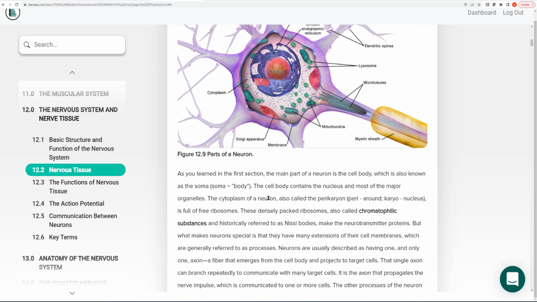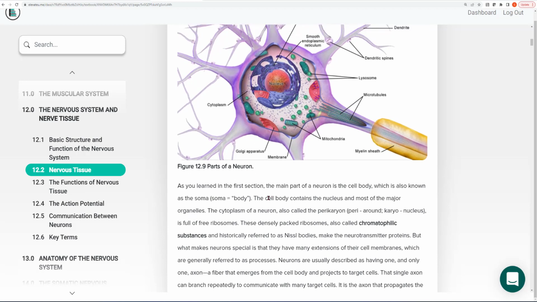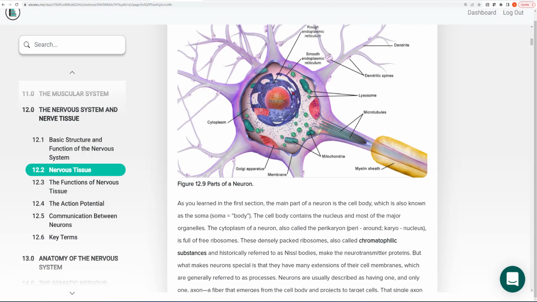A couple other terms. The cytoplasm of a neuron. Right here it just says cytoplasm, but the cytoplasm is also referred to as the perikaryon. Perikaryon. And that, from the vocab, means peri, around, karyo, nucleus.